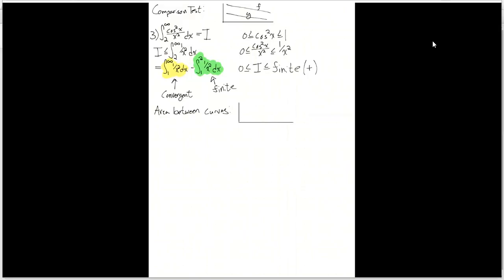So if we've got some kind of curve here and some other curve, we'll go ahead and write green here as the area underneath this guy. And then pink here will be the area underneath the top guy.